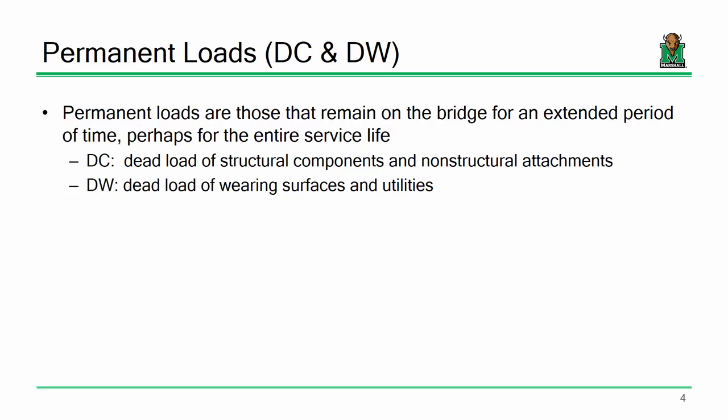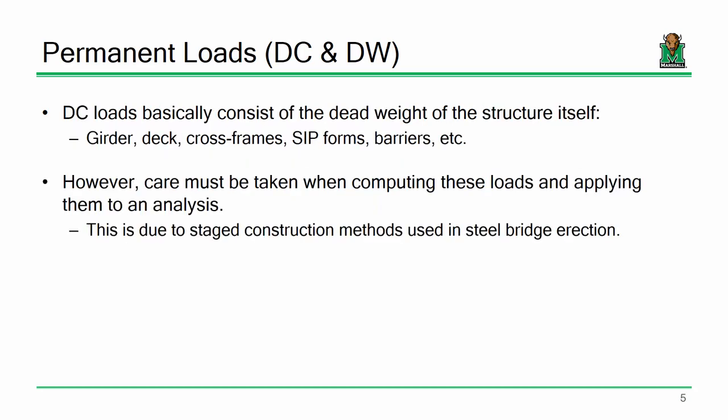All right? So far, so good, but now I'm going to make it a little complicated when we talk about DC. Like I said, DC's basically the self-weight of the structure. So the girder, the deck, the cross frames, if you've got stay-in-place formwork, all that's DC.